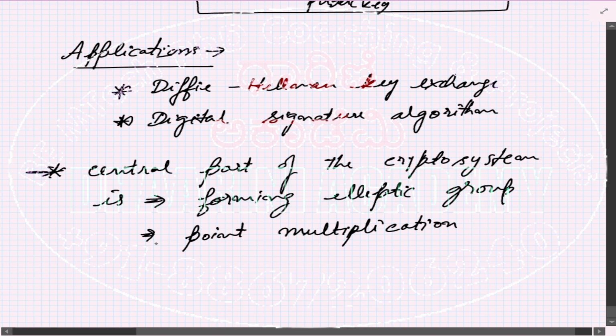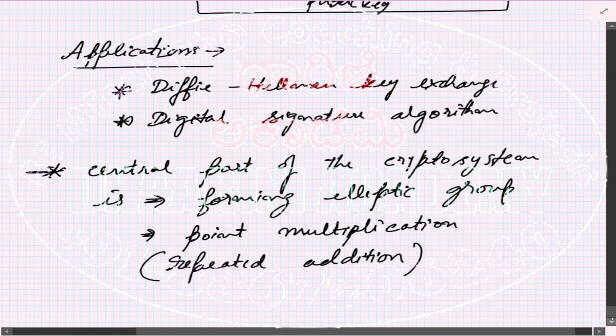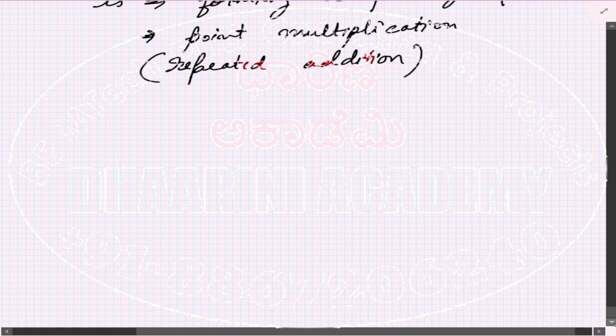So point multiplication basically refers to, we are going to perform repeated addition of any points. We'll solve problems later. So you can have P, 2P, 3P, etc., or P plus Q, P plus 2Q, P plus 3Q, and so on. Like that also you can do. So we have repeated addition coming into the picture. That's what is important.